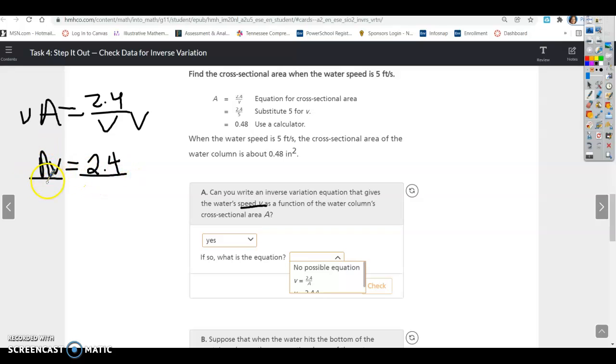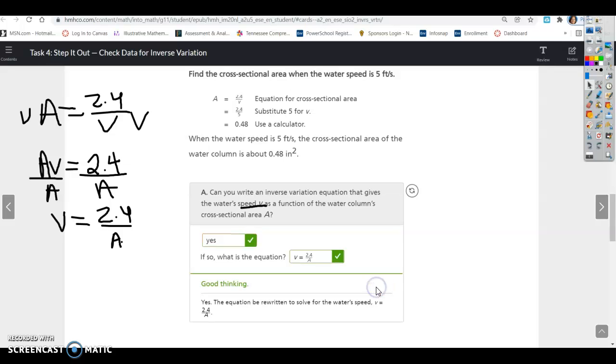And to solve for V, we now divide by A. So all we did was solve for a different variable. So V equals 2.4 over A. If we look at our choices here, it says V equals 2.4 over A. That would be our correct choice.